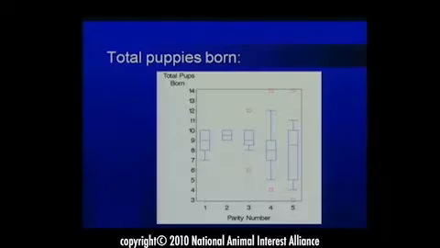So if you look at total puppies born, some kind of box and whisker plot shows it fairly well. You'll notice that the line in the center of each of those boxes is the median, and it does tend to go down slightly from parity 1 to parity 5.